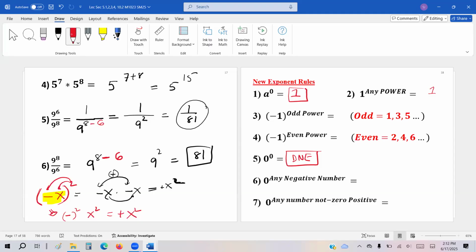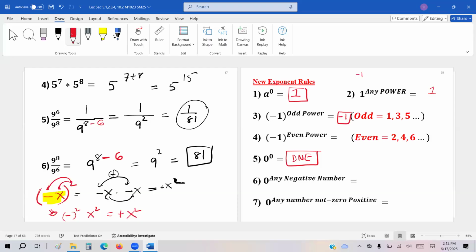Now comes its cousin, -1. -1 has two things. It gives us one result when you have an odd power. It gives us another result when it has an even power. So what do you think? -1 to the odd power? -1.